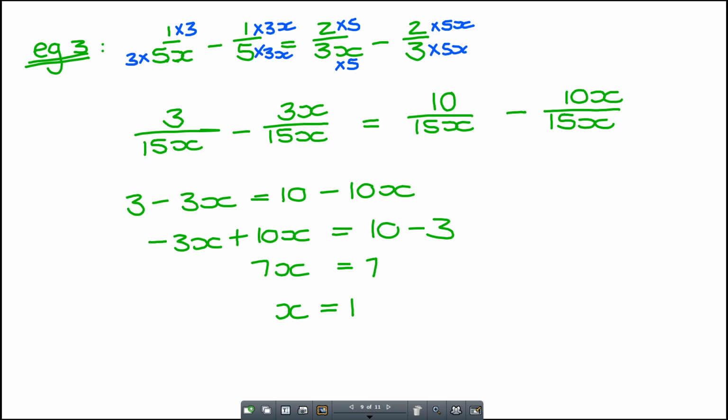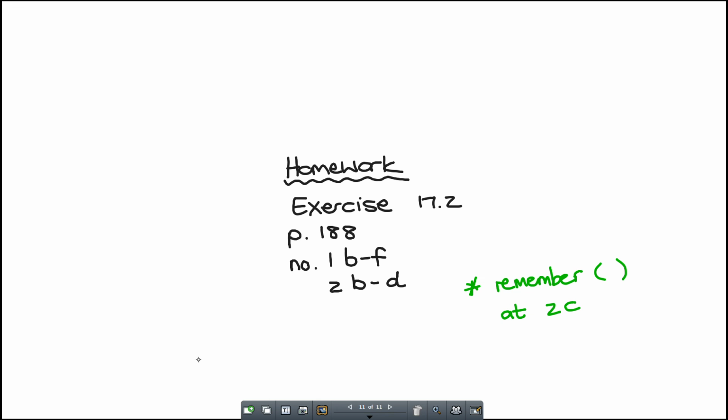How did you get to the 13x? Correct. 10 minus 3. 10 is perfect, Mike. Javier, did you get your mistake now? What did you write? Oh, okay. So you didn't change the sign when it went over.